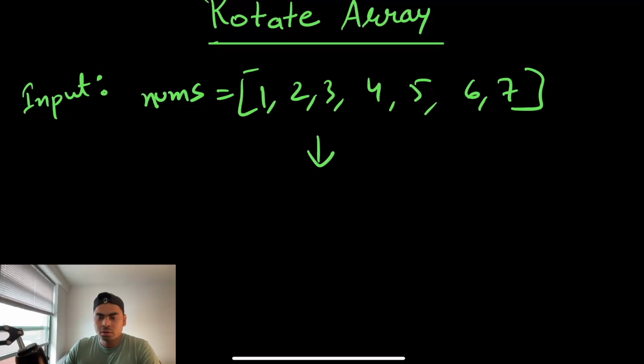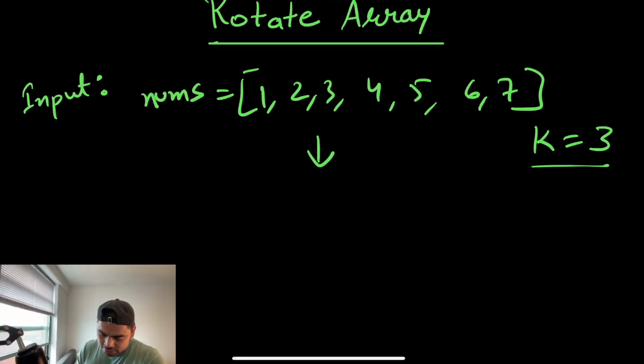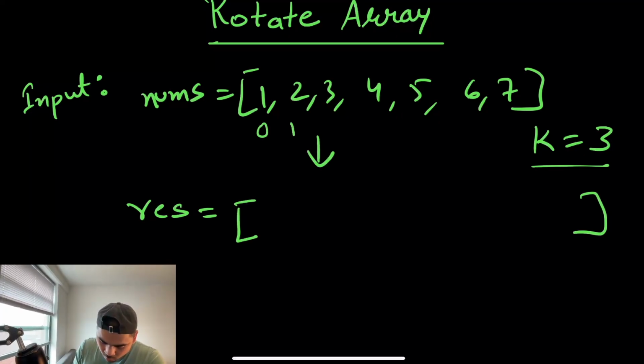So using the brute force approach, when k is in this example 3, what we really want to do is shift all the values. We'll create a new result array, and then using i, basically 0, 1, 2.